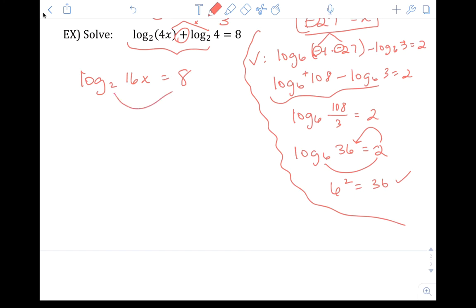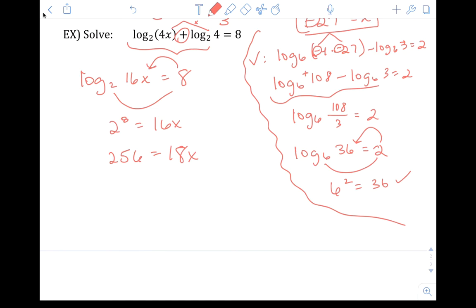So 2 to the 8th equals 16x, excuse me. 2 to the 8th equals 16x. Well, 2 to the 8th, if memory serves me correctly, is 256. I should have checked that before I started making this video because I can't remember exactly.